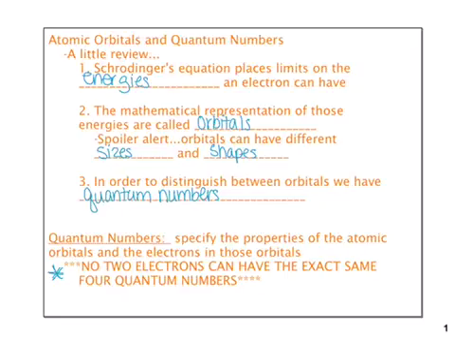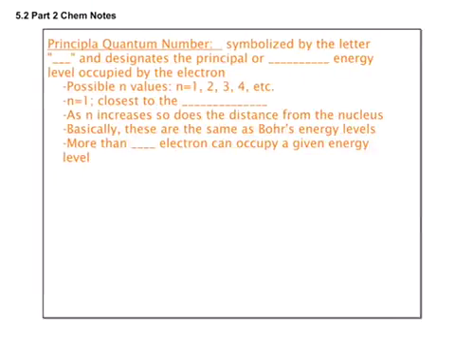We're going to take a look at these 4 different quantum numbers and what they tell us, and then we will do some more work with them tomorrow. The principal quantum number is symbolized by the letter n, and it designates the principal or main energy level occupied by an electron.